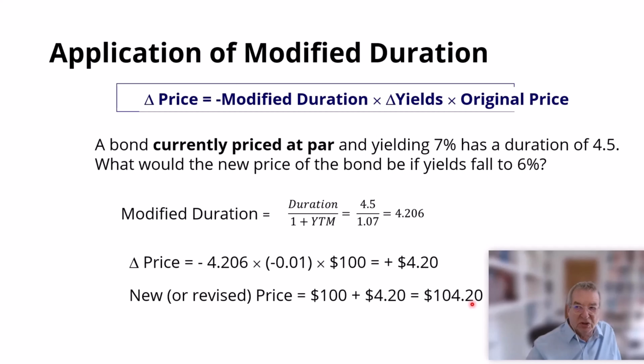Now, 2 or 3 things to notice right away. The first one is the yield has come down by 1%, but the price has gone up. And this highlights the inverse relationship between price and yield. They move in opposite directions. And in terms of the formula, that is captured by using this negative sign here.